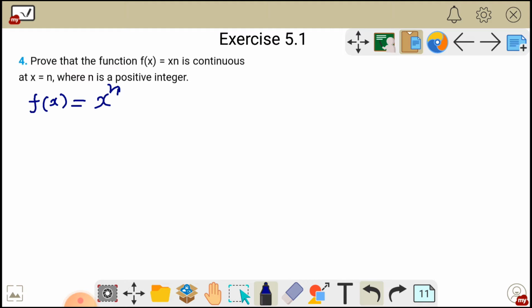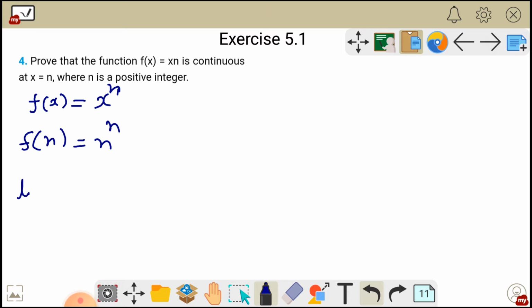So, we can say that f of n is equal to n raised to the power n. Now, let us find the limit of this function.